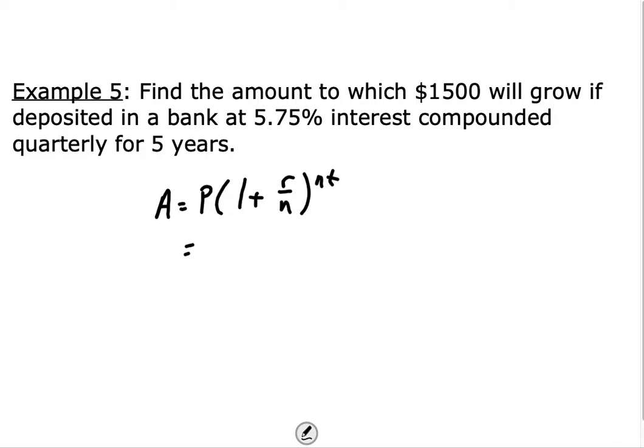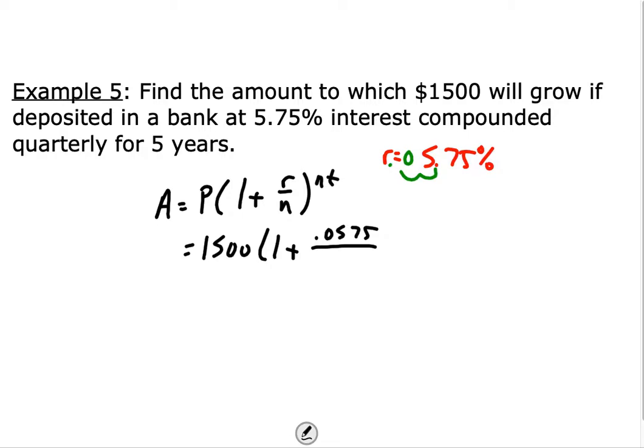So again, P there being our initial investment, which is $1,500. R there being our interest rate, which is 5.75. And so we've got to move that decimal point over 2 places, so that becomes 0.0575.